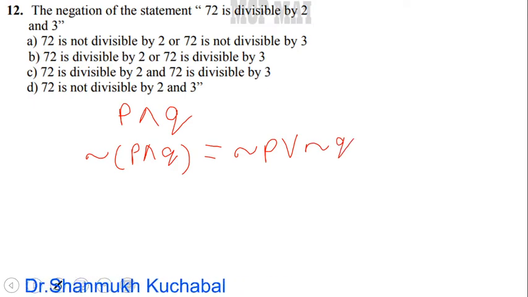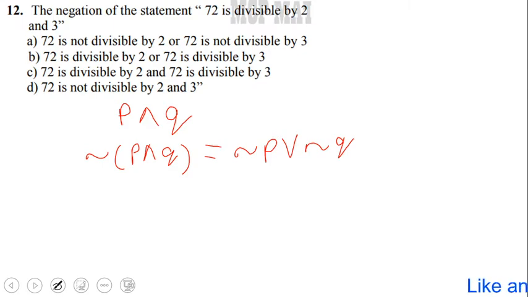So 72 is not divisible by 2, or 72 is not divisible by 3 here. So clearly 72 is not divisible by 2, or 72 is not divisible by 3.